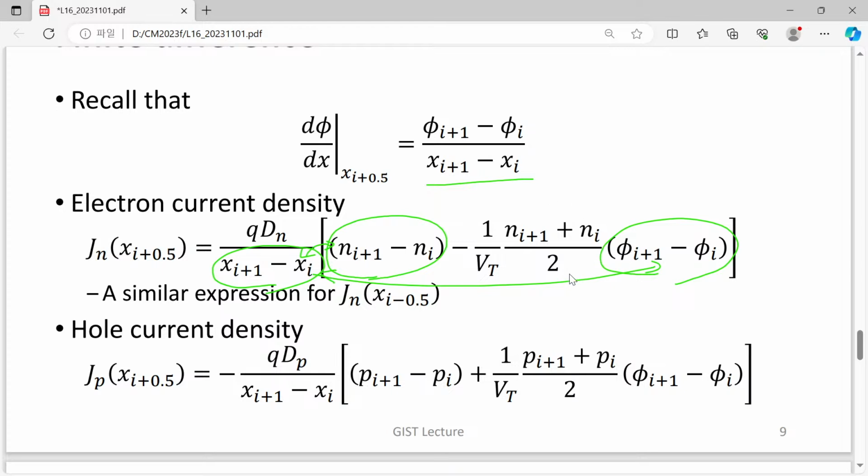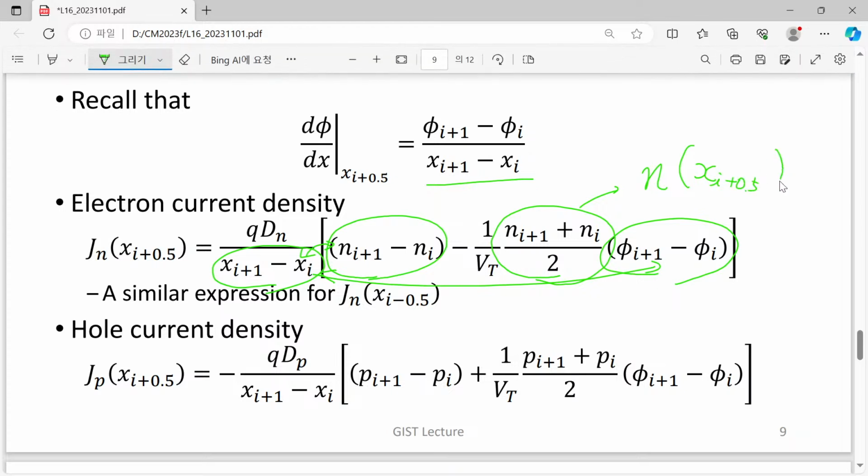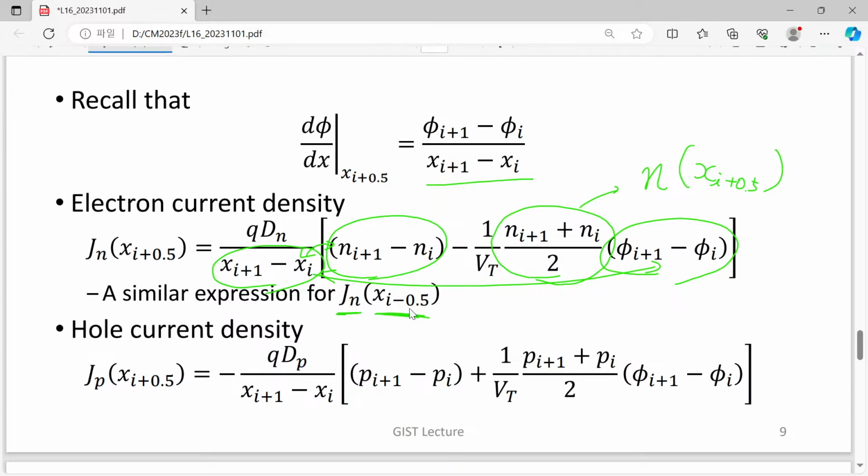And you can find that here you have something evaluated at a midpoint. A similar thing can be found for Jn at x sub i minus half.